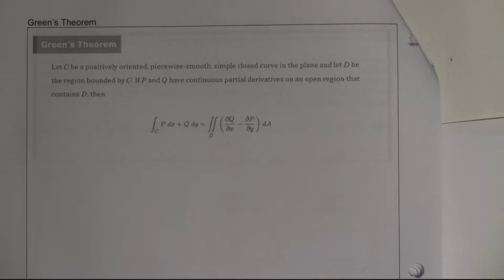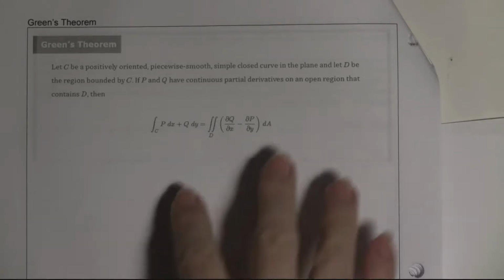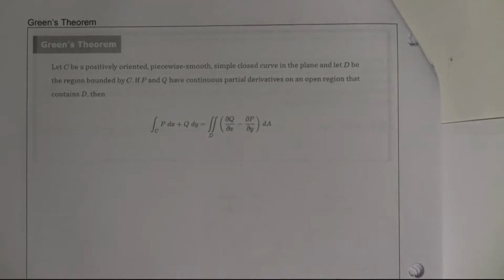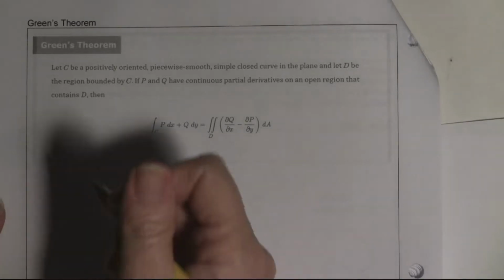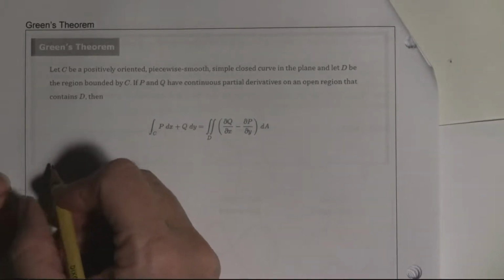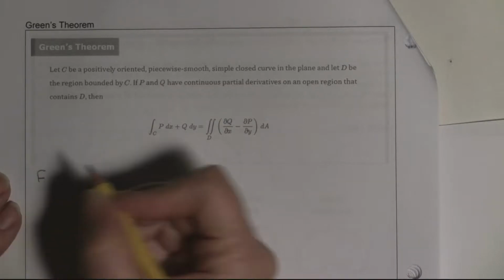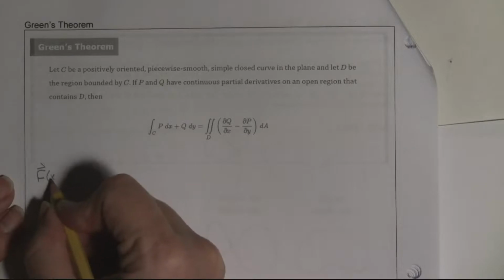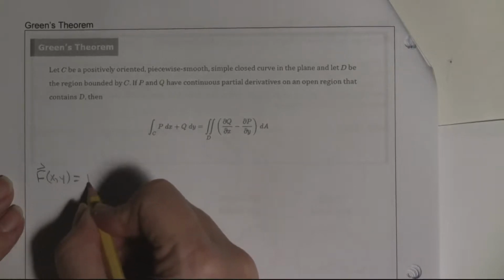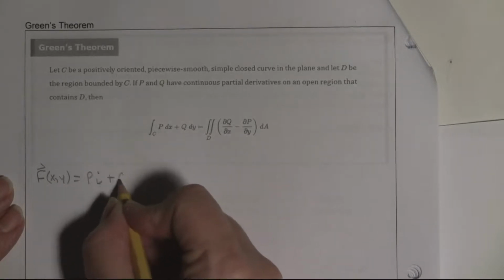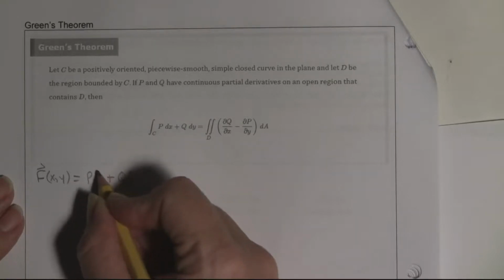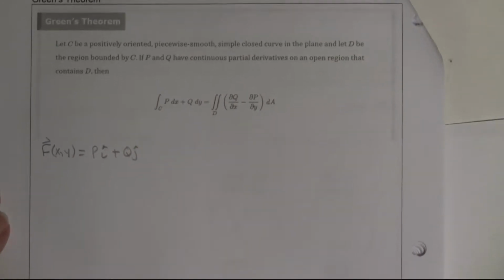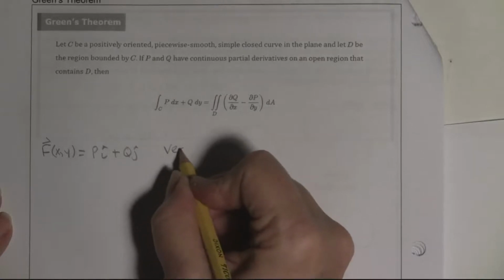Now, one thing I wanted to show you about this, and that's why I left this space here, and I forgot to mention it before, is to recall that in my writing you can see that this right here was a vector field. This is a vector field.